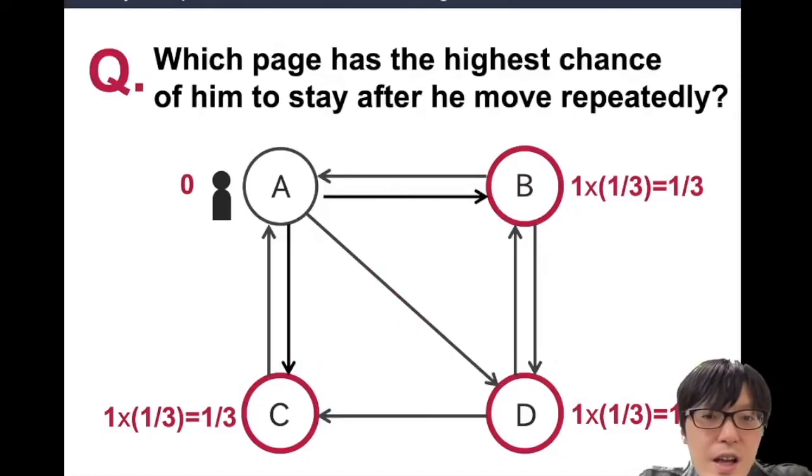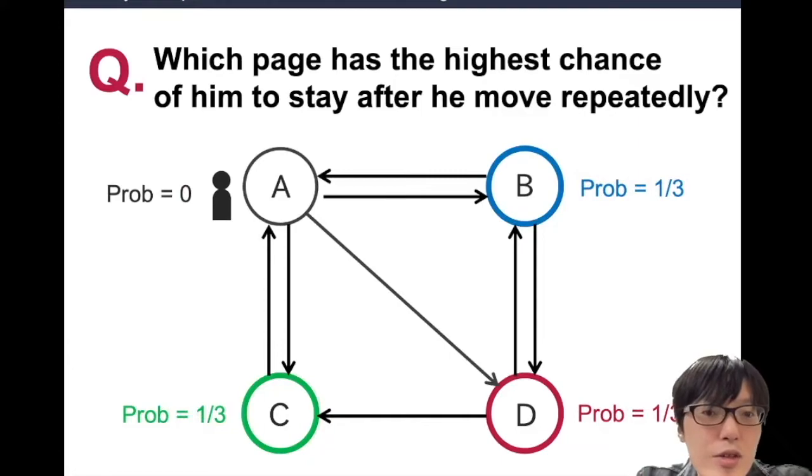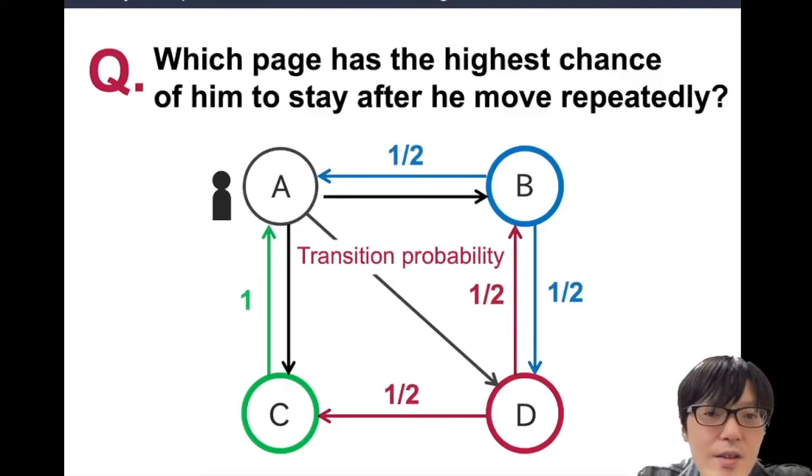The next question is how likely he is to stay on page B after his second transition. I remind you that this user's probability of staying on each node after his first transition is like this: 1/3, 1/3, 1/3. As I already said, this user randomly selects one of the links to move next on each web page.